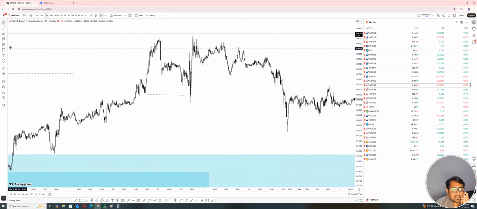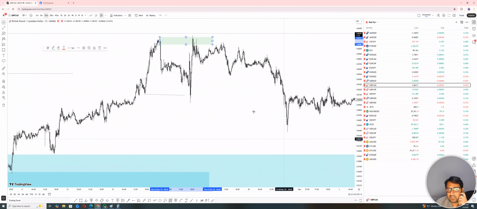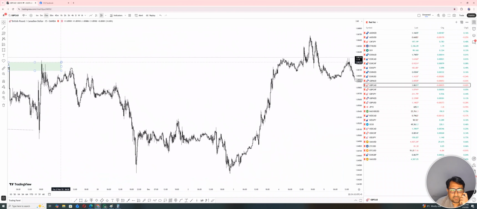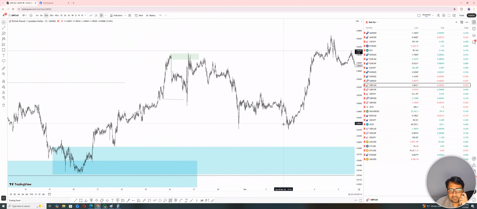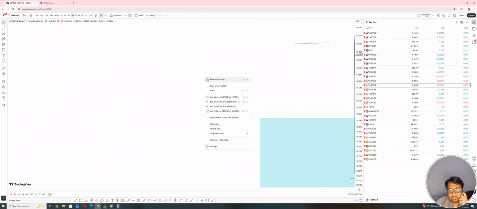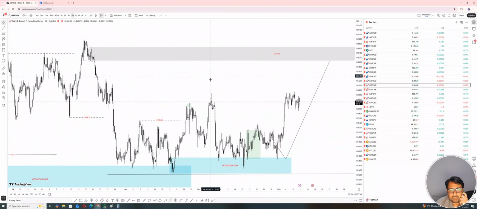Now you can see the market respected this, and we have the extreme area. Go to the H4 time frame, and now you can see that the market is coming down, and we have 179 pips with an R.